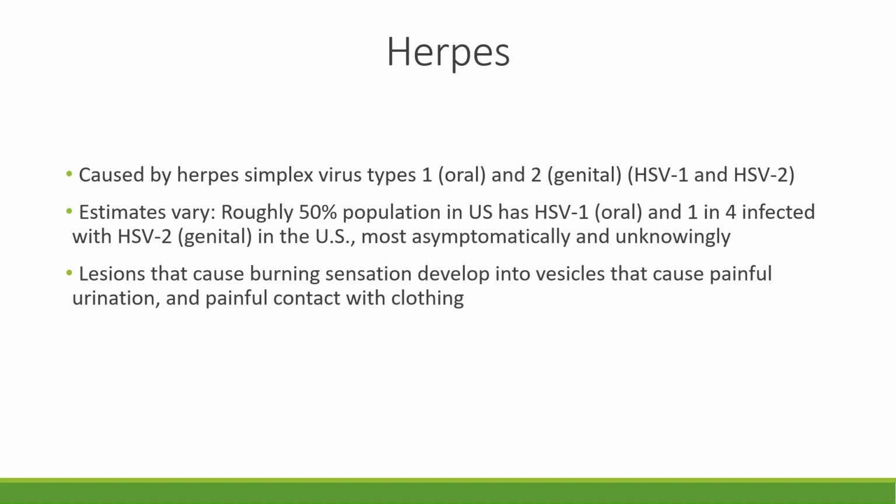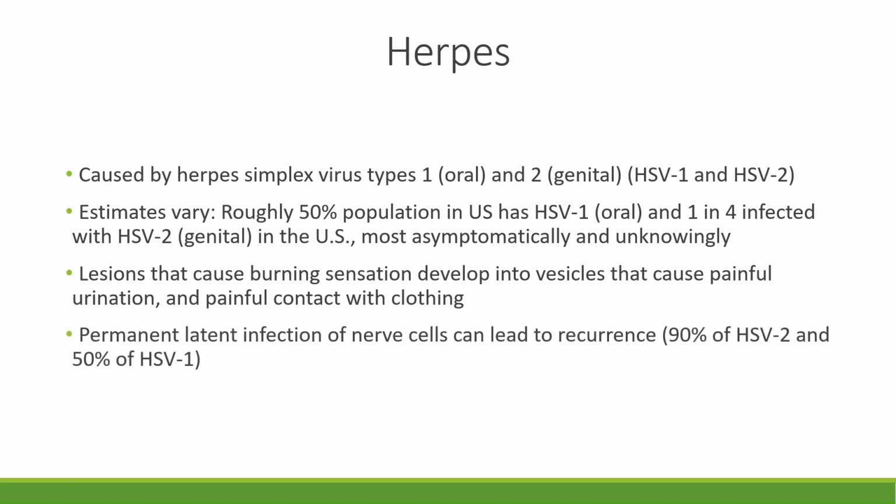Symptoms can include a burning sensation, painful lesions that then progress into fluid-filled vesicles. Then these deflate or they release their fluid and then they resolve themselves. These sores can make urination painful, and even contact with clothing can be painful.